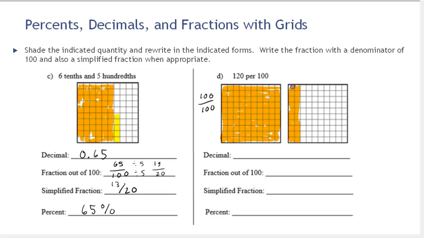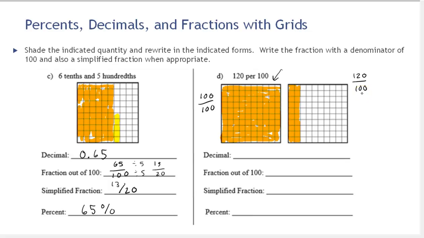And this is 120 per 100, or out of 100. Okay. Now remember, 1 square is our unit. Okay, so we're not thinking of this as 120 out of 200. Our unit is 100 squares, so that's in the denominator.